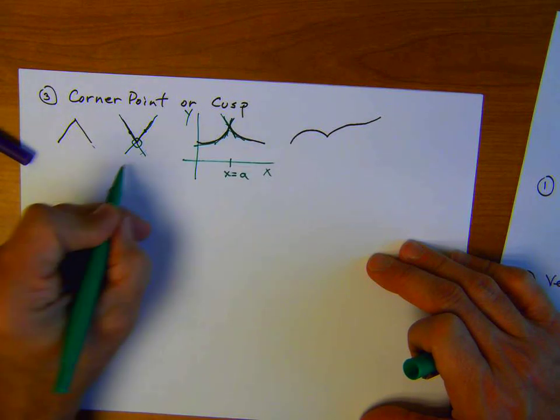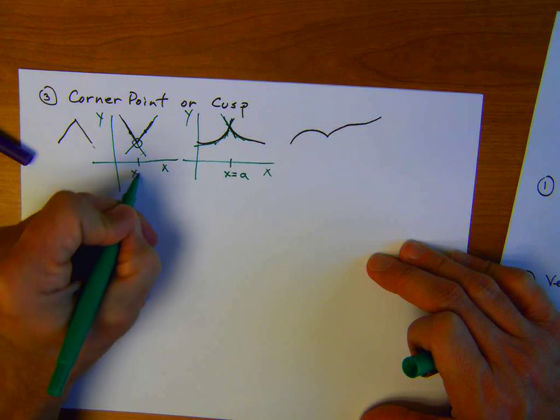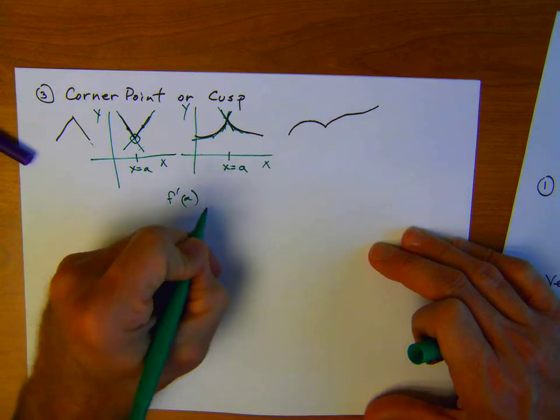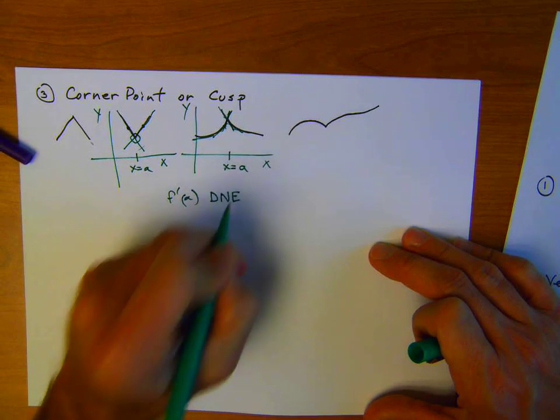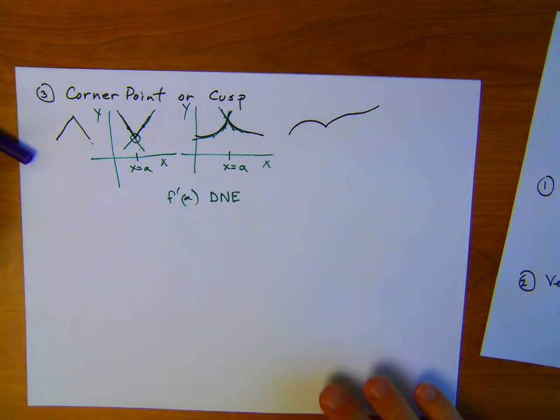So if we put this in the xy plane, call this point x equals a. In both of these cases, we say that f prime of a does not exist.